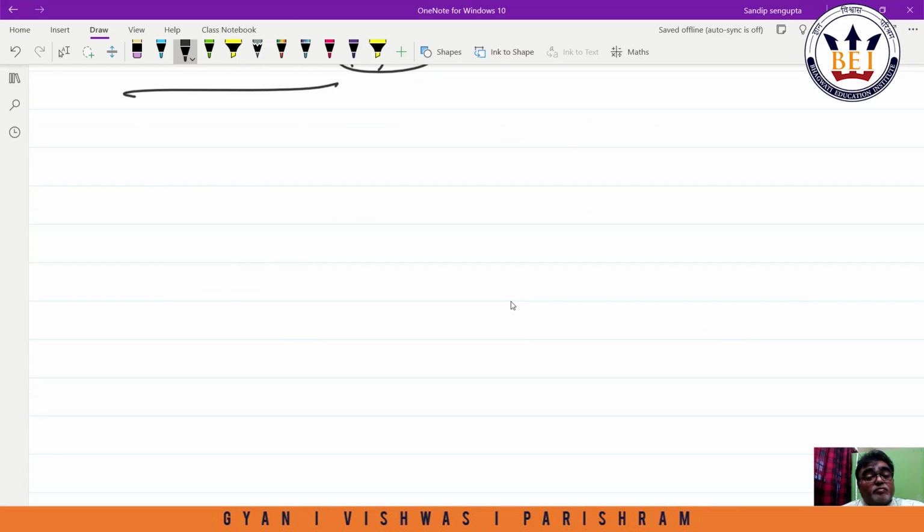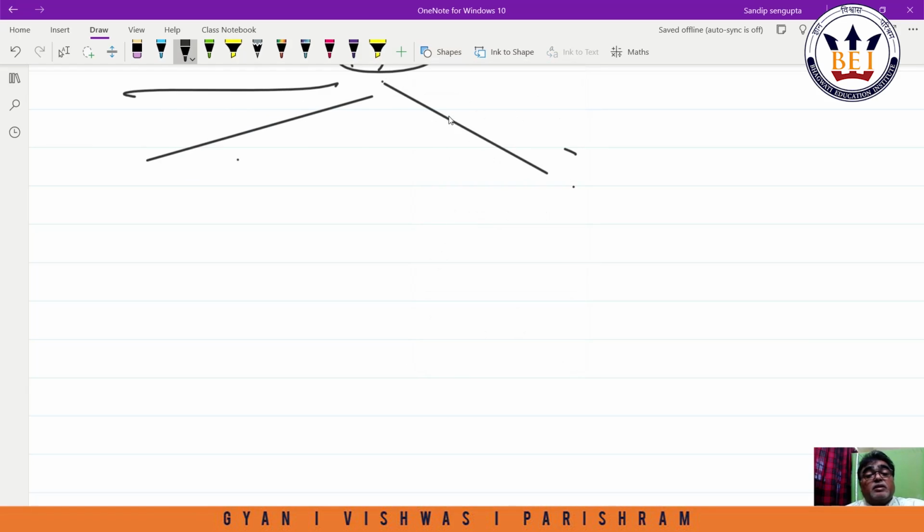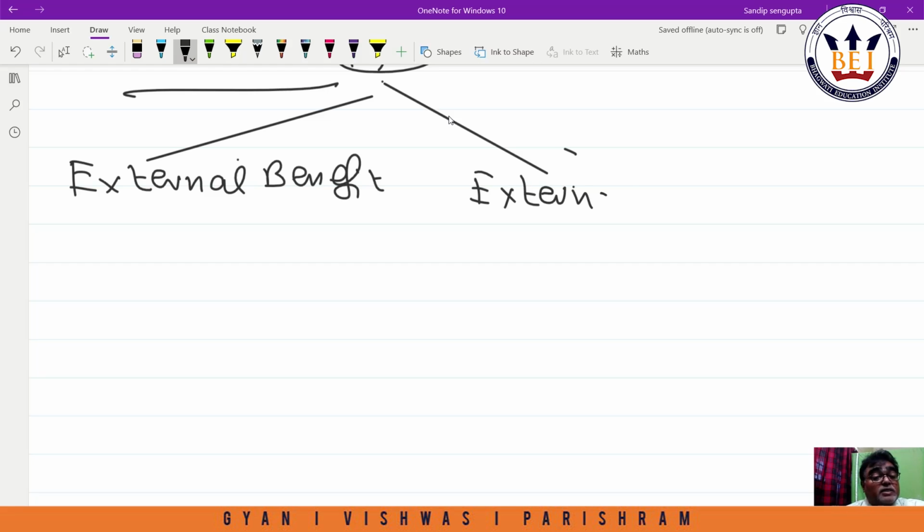It can be parted in two ways. What two ways? Either we call it external benefit or we call it external cost. Look at the way I'm making this. Again, external benefit can be made in two forms.